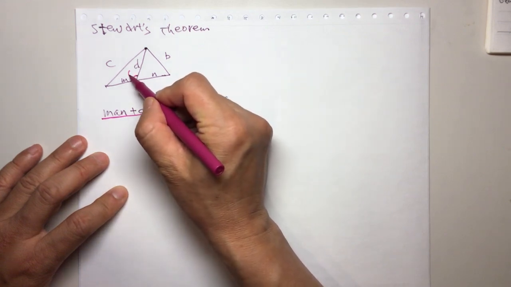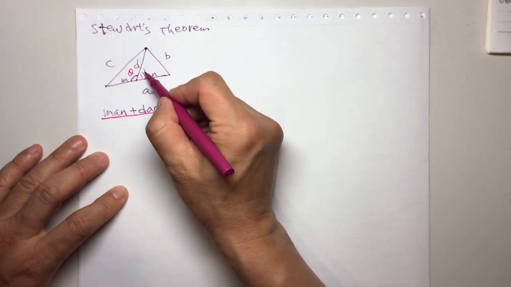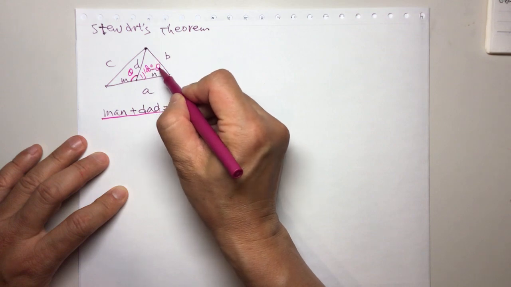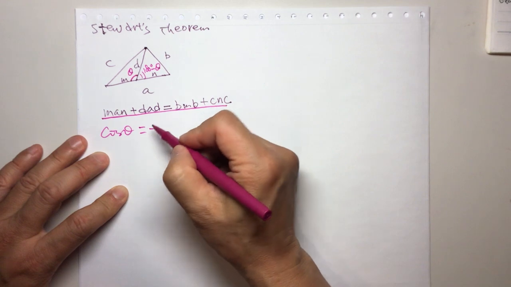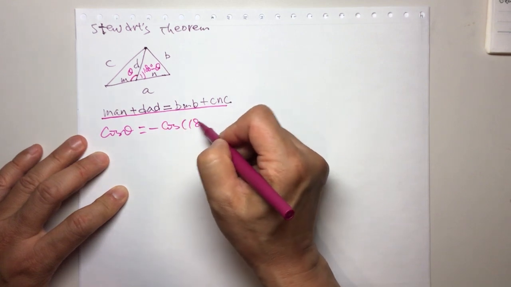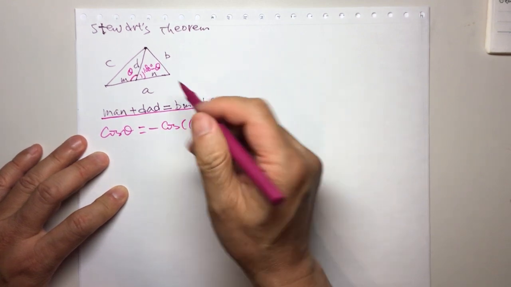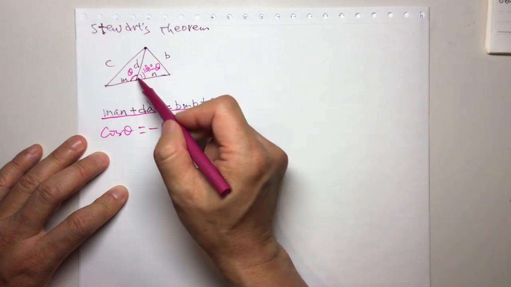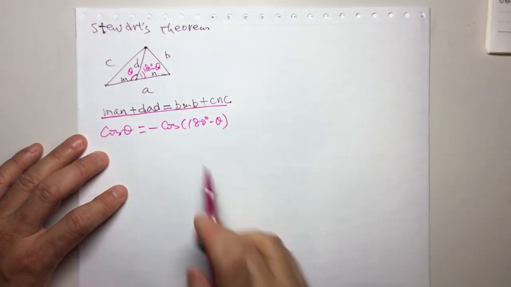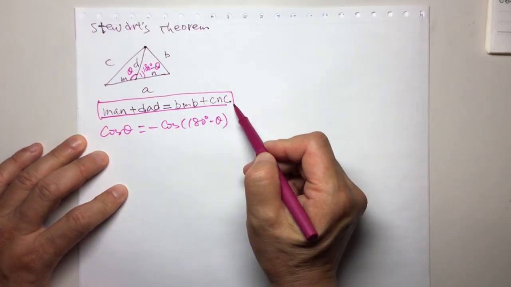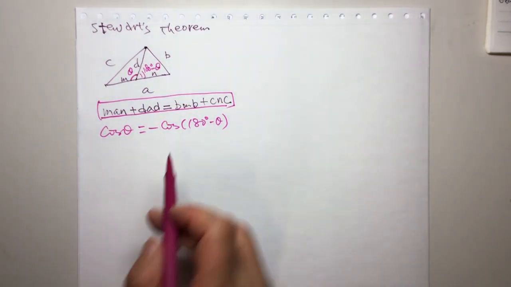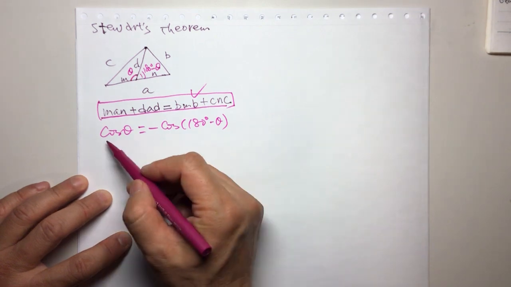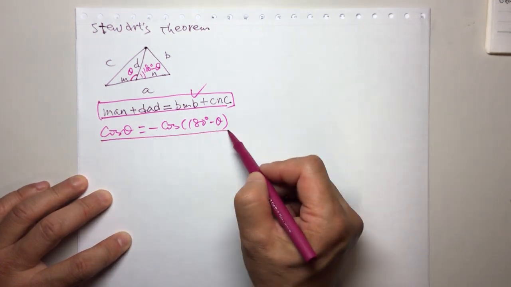Like here, if this is theta and this is 180 degrees minus theta, cosine theta equals negative cosine of 180 degrees minus theta, and we can use the cosine law to do it, and then we will get this theorem. You can pick any way to use. If you remember, you can use this way. If you don't, you can just use this too.